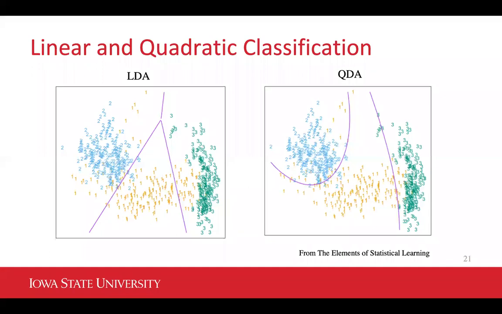Linear discriminant analysis tries to use a linear line in this 2-dimensional space to separate those 3 classes. And quadratic discriminant analysis tries to use a quadratic line to separate those 3 classes. So this is LDA and QDA. I will not talk about their details, just their ideas.